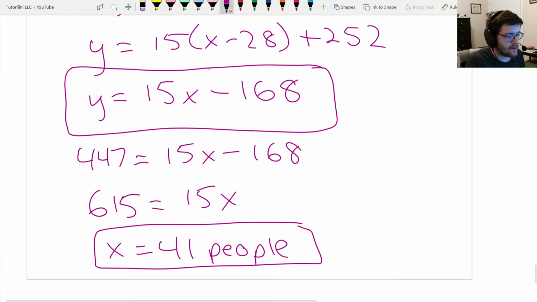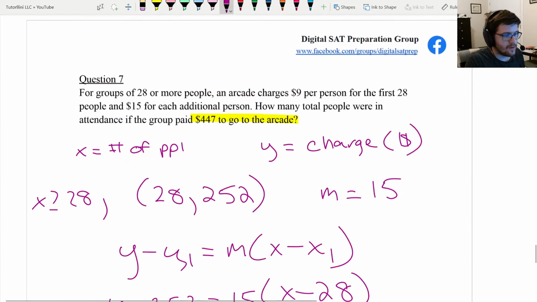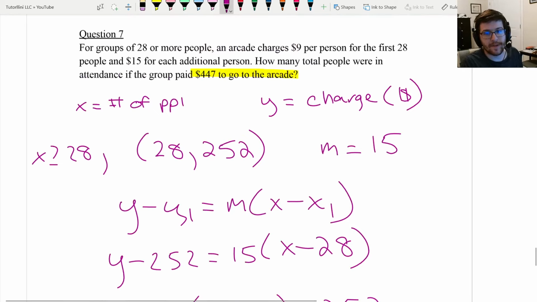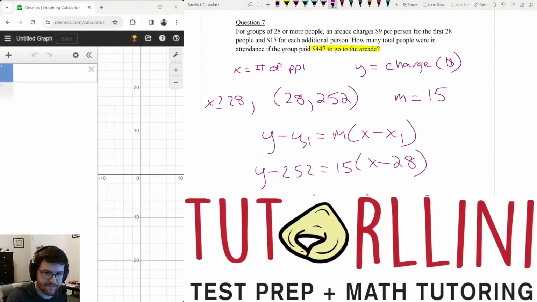And of course, there's a lot of stuff you could have done, but you could have very early switched to Desmos and solved this. So let's do that. I'm not even going to solve it. The equation we got was y minus 252 equals 15 times x minus 28.